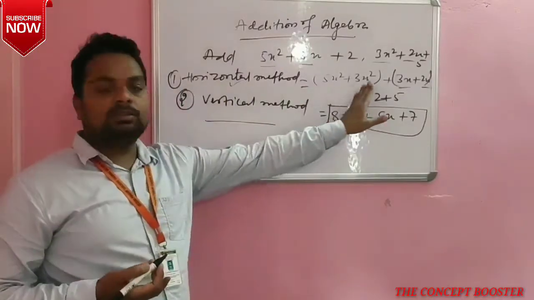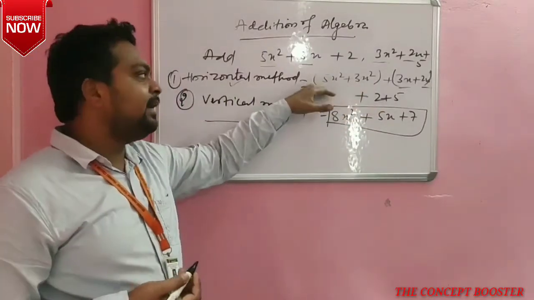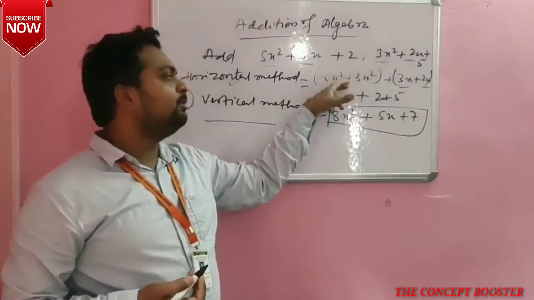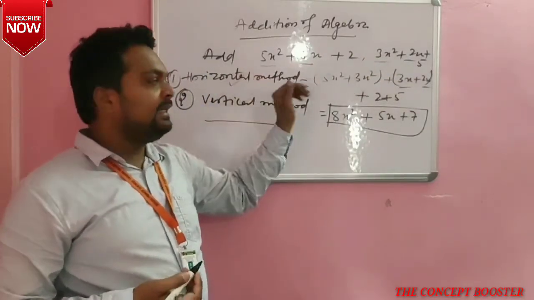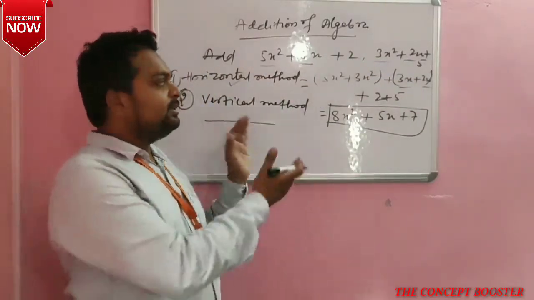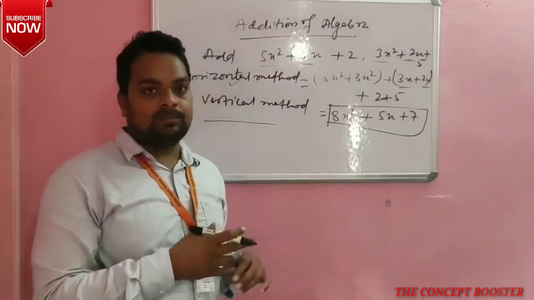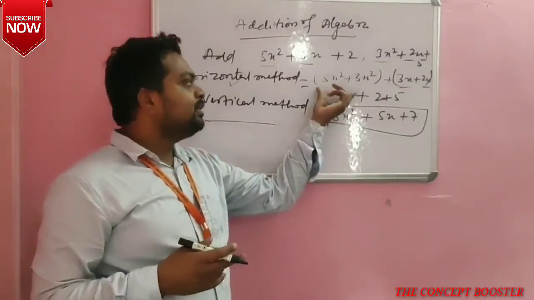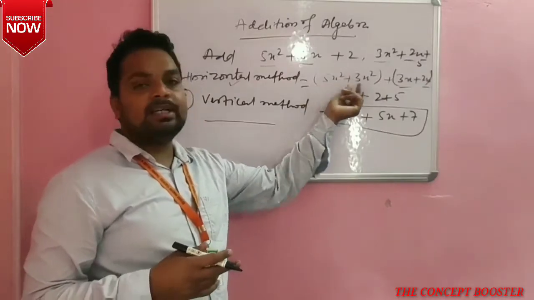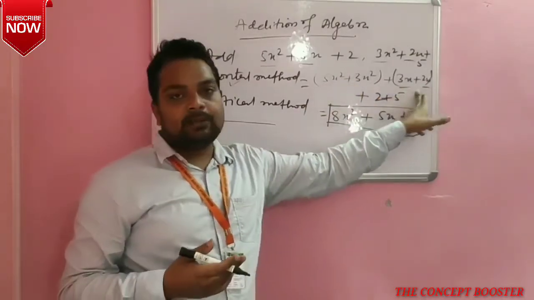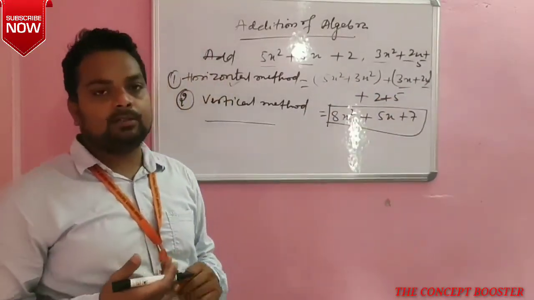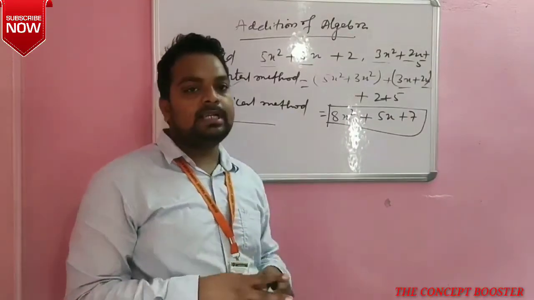Okay, and this is through the horizontal method, because we have written all the expressions, all the numbers in a horizontal line, and then we have added like terms to like terms only, as I told you in the previous video. So these x square terms are like terms, x is like with x, and 2 and 5 are constants, so we can add them like this.